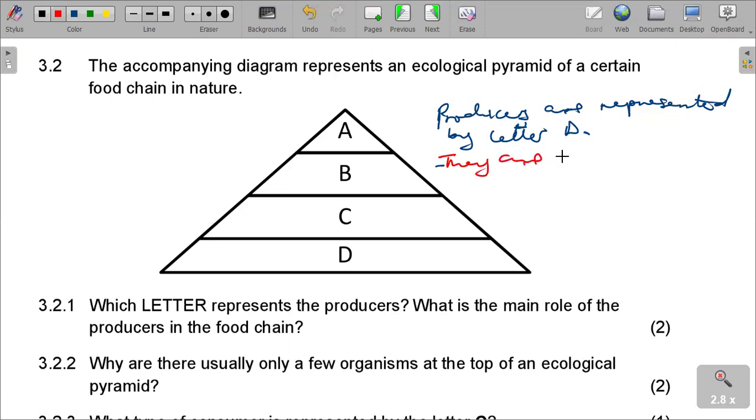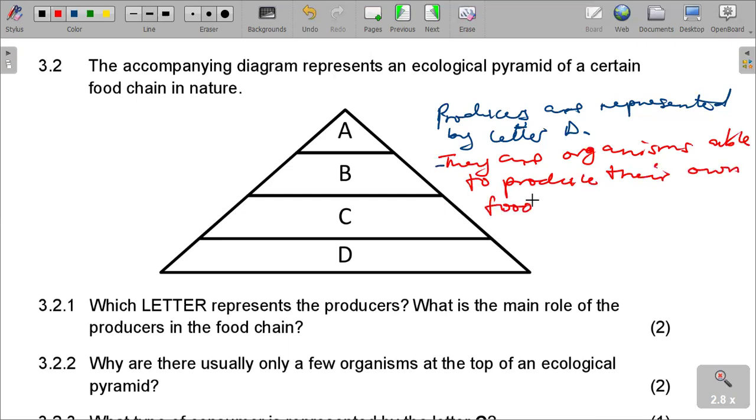They are organisms able to produce their own food during photosynthesis.